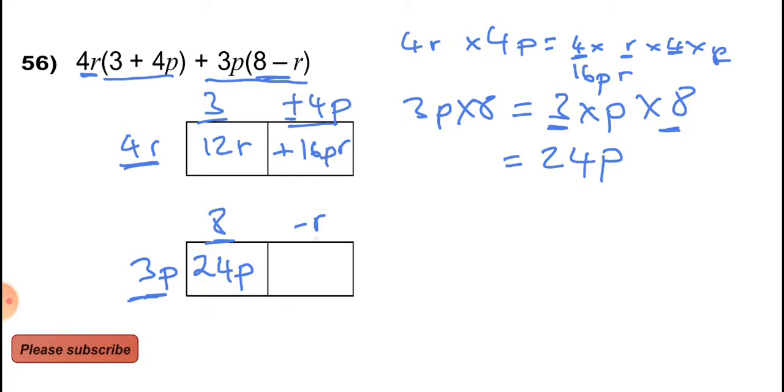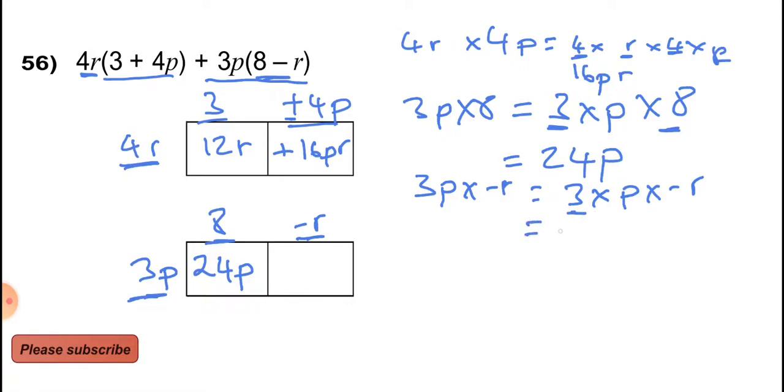And then 3p times minus r, so if I just do a bit more side working out here, 3p times minus r, we can write it as 3 times p times minus r.